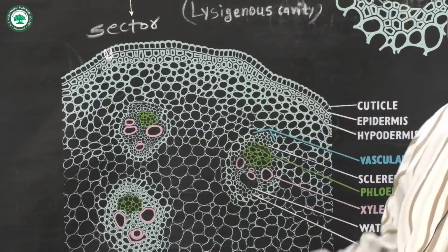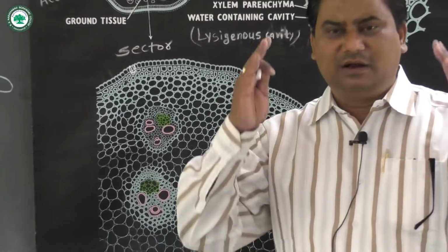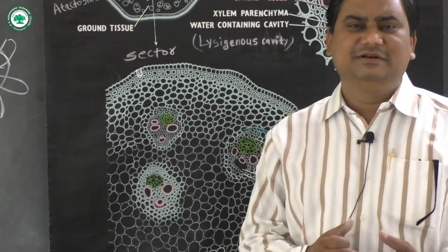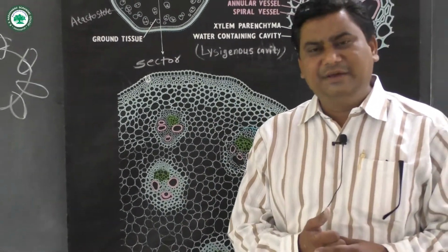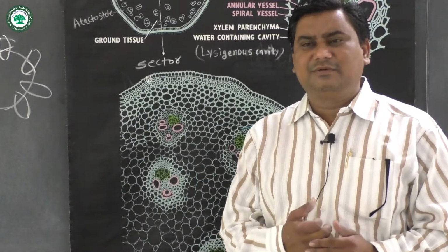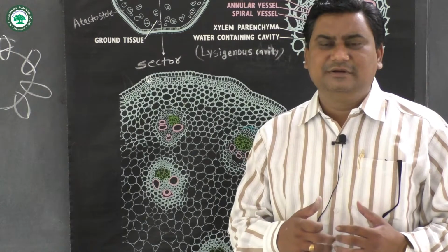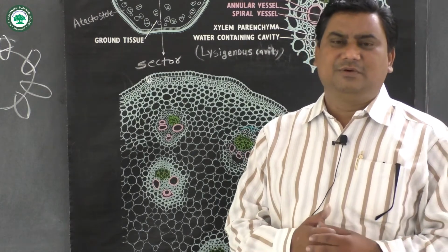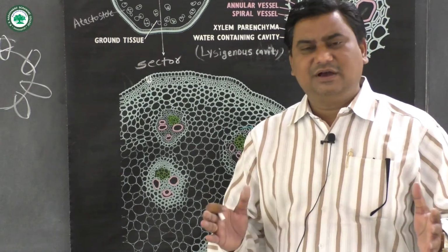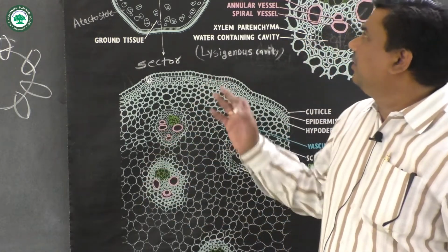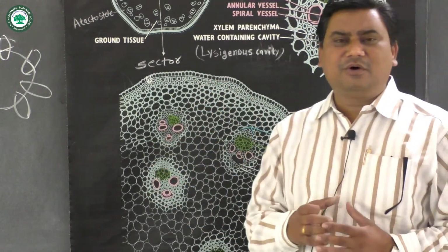But in the dicot stem, there is the presence of the cambium, that's why there is secondary growth in the vascular bundle. This is all about the anatomy of the monocot stem.